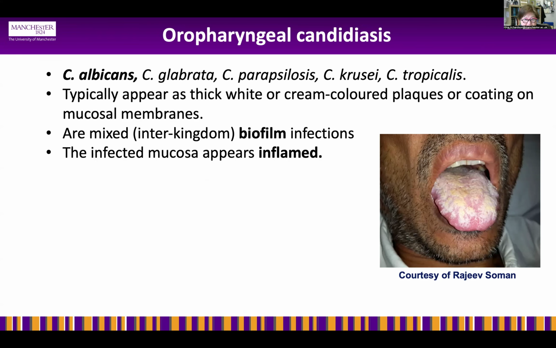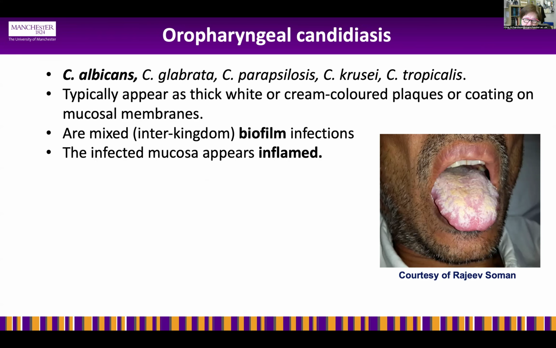On the mucous membranes, oropharyngeal candidiasis normally appears as a thick white creamy colored plaque or coating. The photo on the right is from an HIV positive patient. So that is the classical finding. But the key here is, again, if you scrape that white stuff off, the mucosa underneath should be angry.